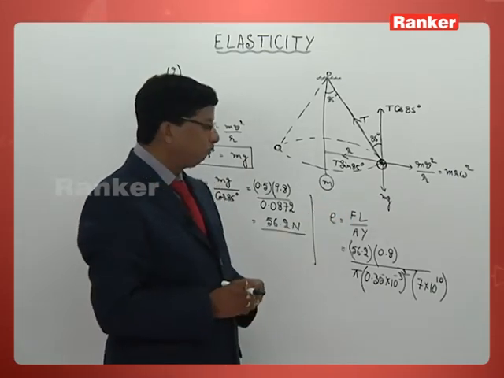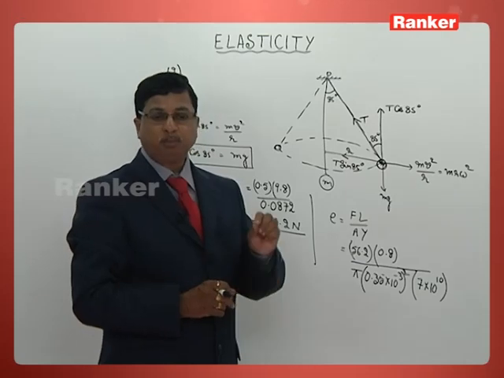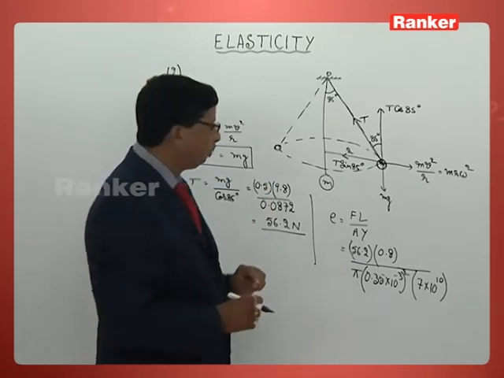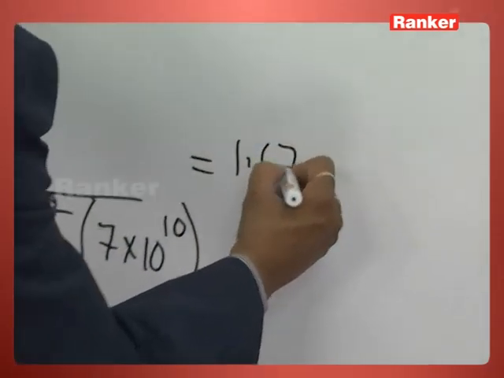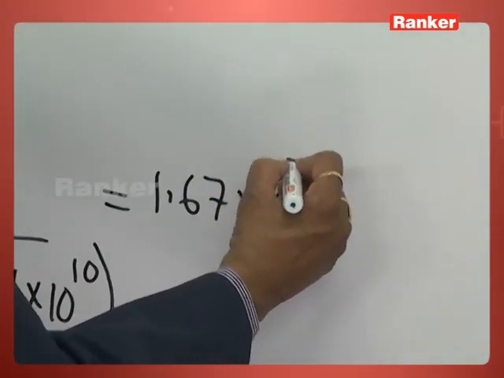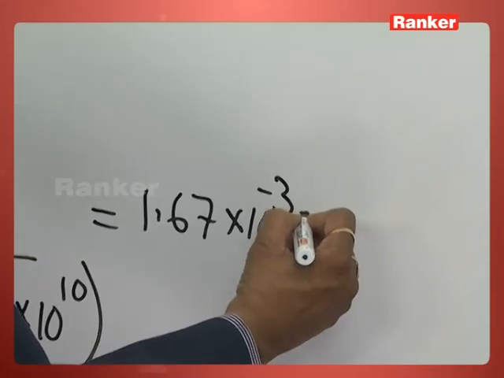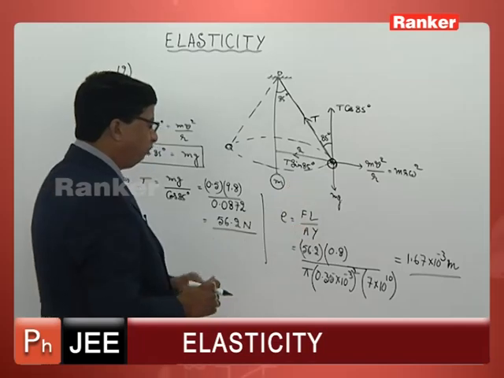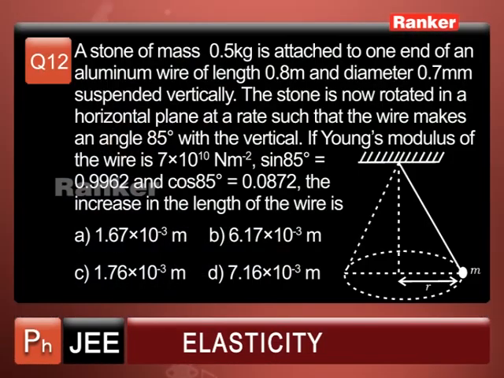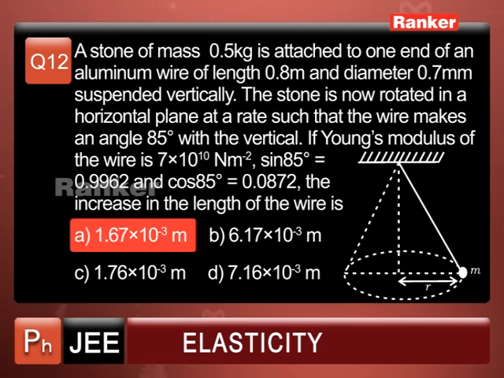If you simplify this one, you will get 1.67 into 10 power minus 3 meter. If you just look at this value, it is exactly the very first option given in the problem. Therefore, we can say the answer for this one is A.